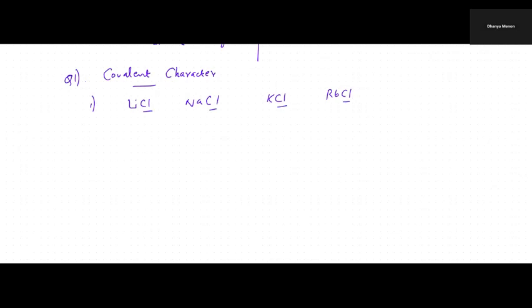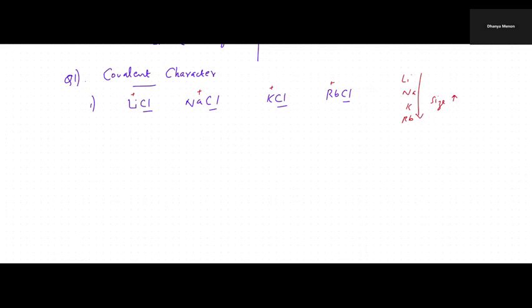So we go with the cations. The cation is in group 1: lithium, sodium, potassium, rubidium. All of them have 1 plus charge, the same charge. So we have to look at the size. As you're coming down, size increases down the group, right?